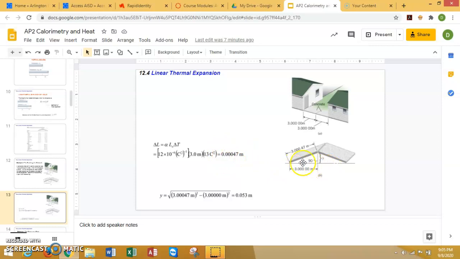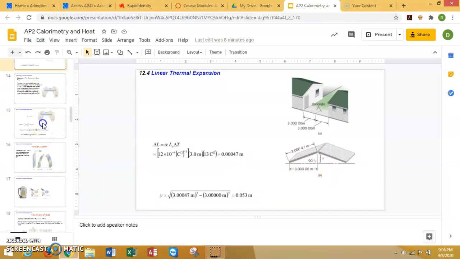So you had your initial length, you had your change in length, which is this. So if they ask you to solve for the change in length, it would be this tiny little number here. And if they ask you to solve for the new length, well, it would be that. That is the new length, which is the original plus the change. Okay. This problem had other things going on, but I just wanted to mention that.